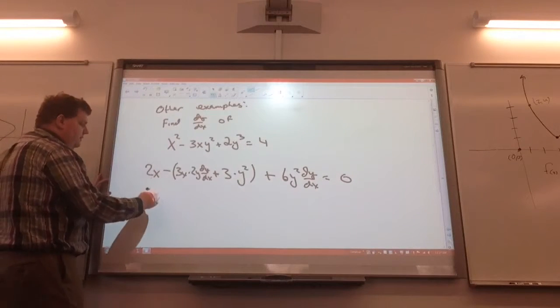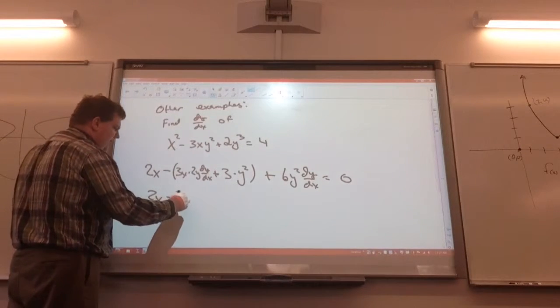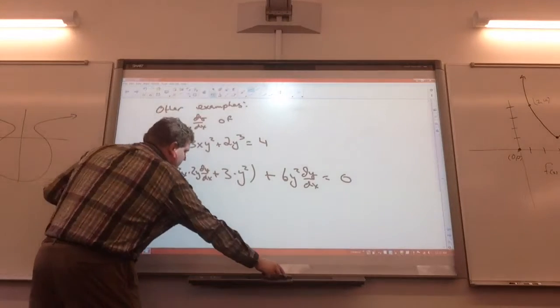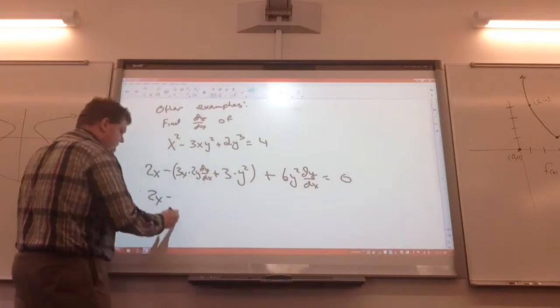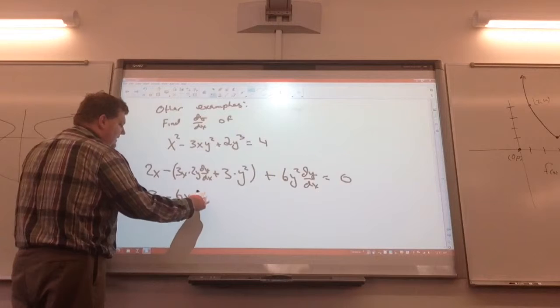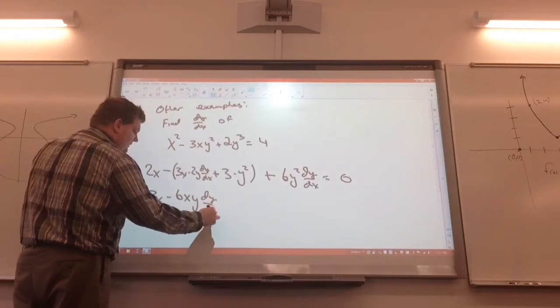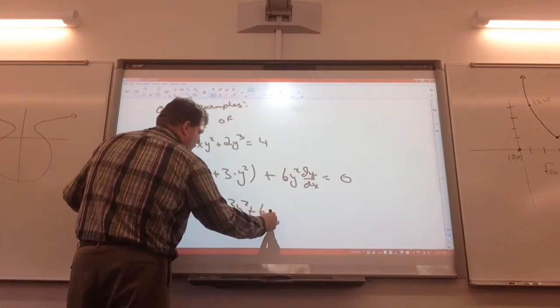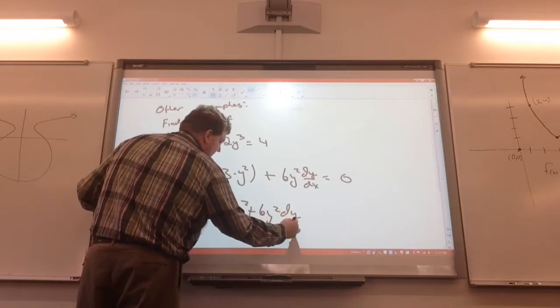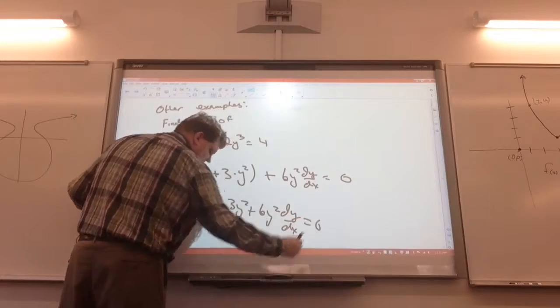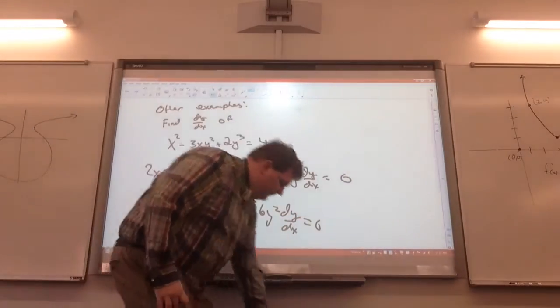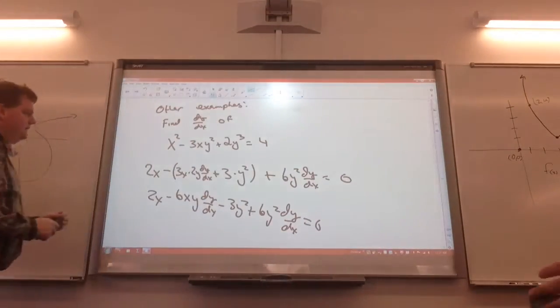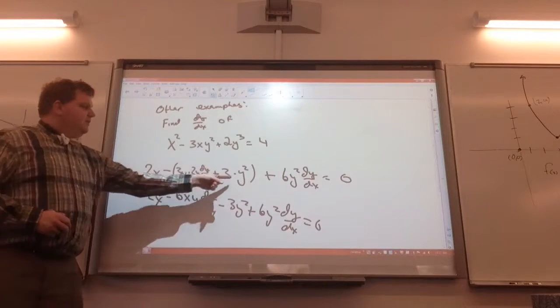Now we've got it to where we want it to be. It's just a matter of cleaning this up. So 2x minus 6xy dy by dx minus 3y squared plus 6y squared dy by dx equals 0. Where did that 3 times y squared come from?